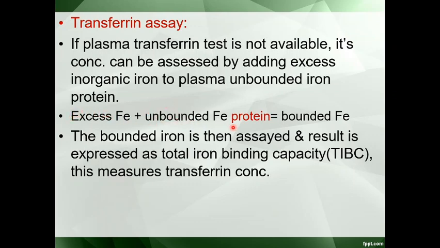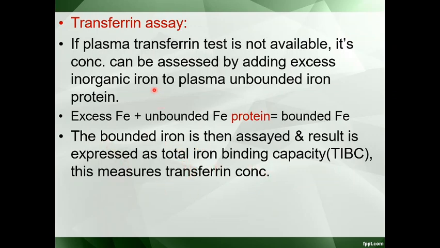Then this transferrin will bind the iron and you will get the amount of bound iron. This bound iron is then assayed and the result is expressed as the total iron binding capacity, and this will measure the transferrin concentration.